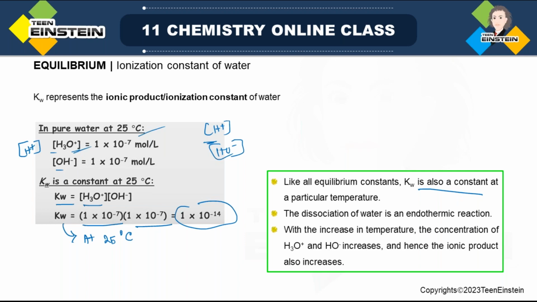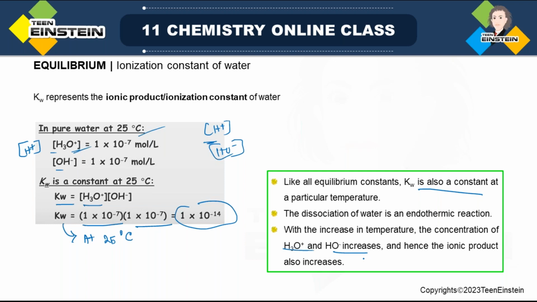The dissociation of water is an endothermic process. That means when you increase the temperature, we know how the Kw value depends on temperature; from the Van't Hoff equation we have already discussed that. As it is endothermic, with an increase in temperature, the concentration of hydronium ion and HO minus ion will increase, because now more and more water molecules will be in dissociated form.